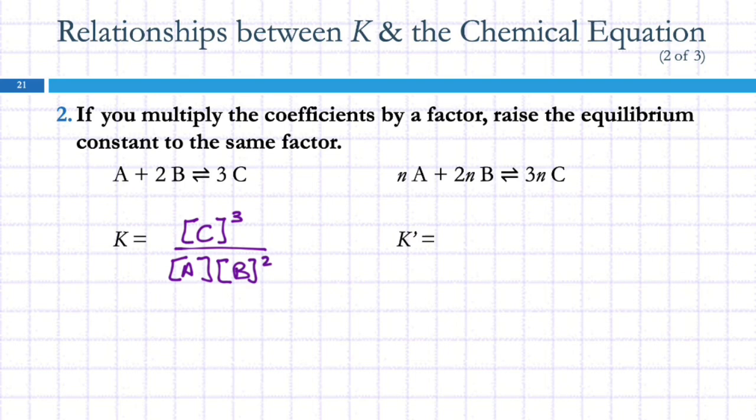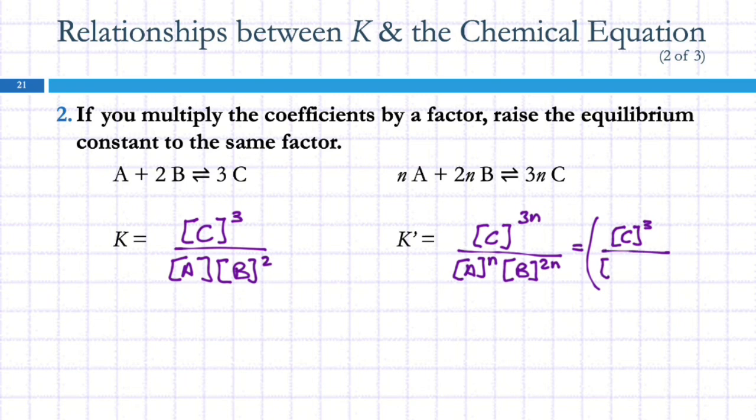So we're calling this K prime because it's not exactly the same. This is going to be C raised to the 3n power divided by A to the n power times B to the 2n power. This is equal to C cubed over A times B squared, to the n power. Any questions?